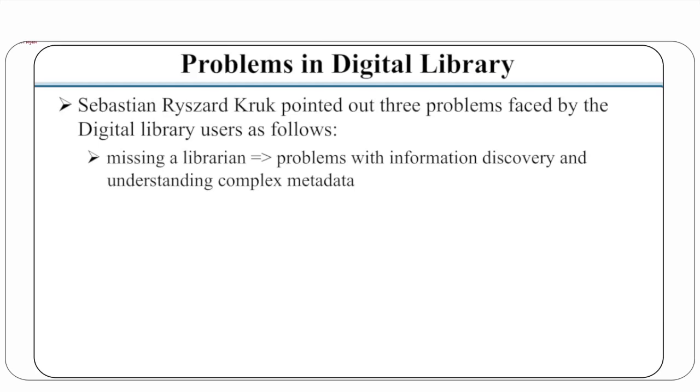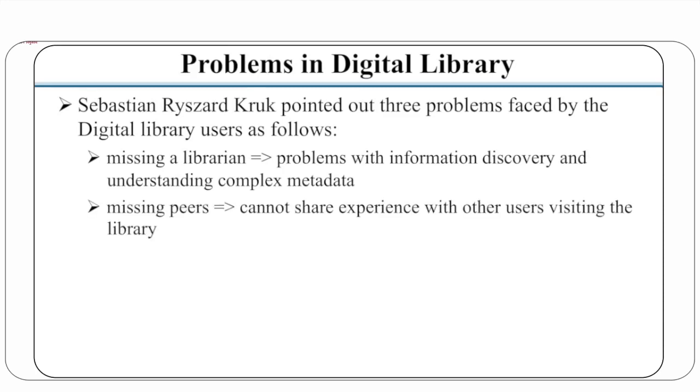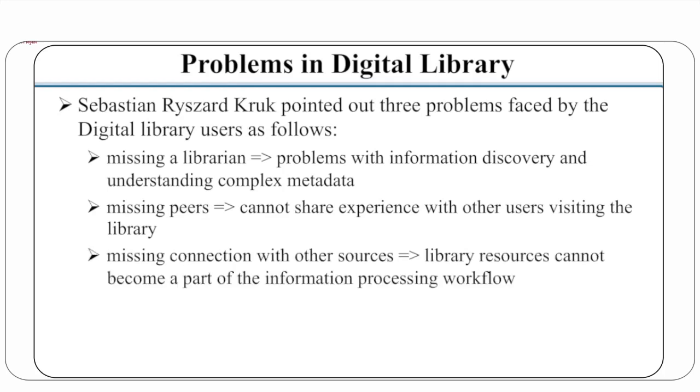Missing a librarian: problems with information discovery and understanding complex metadata. Missing peers: they cannot share experience with other users visiting the library. Missing a connection with other sources: library resources cannot become a part of the information processing workflow.